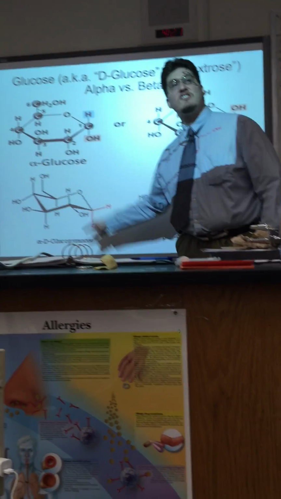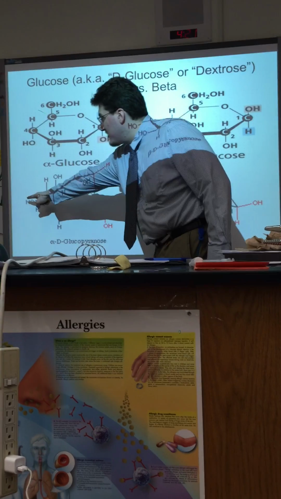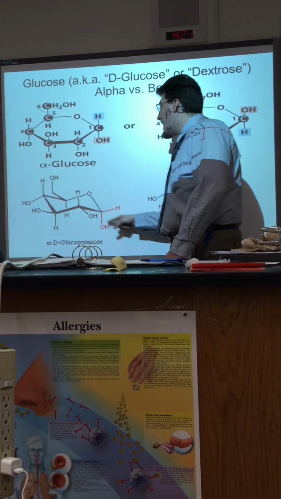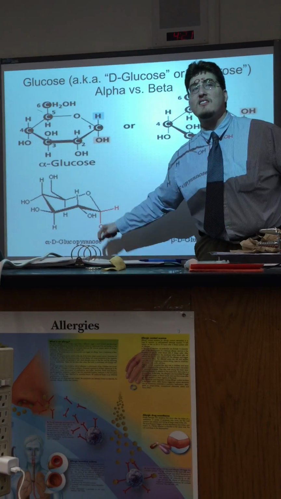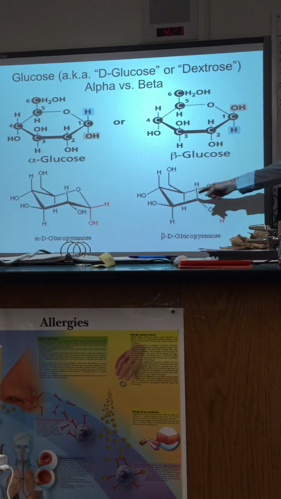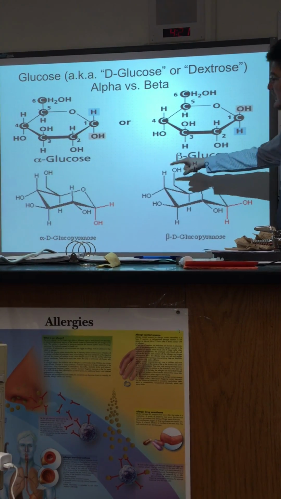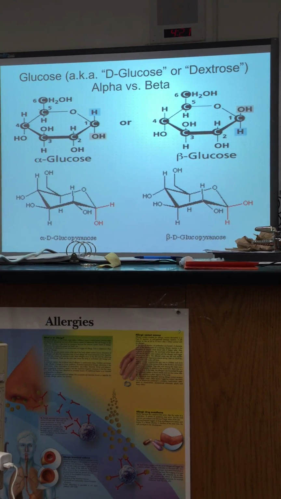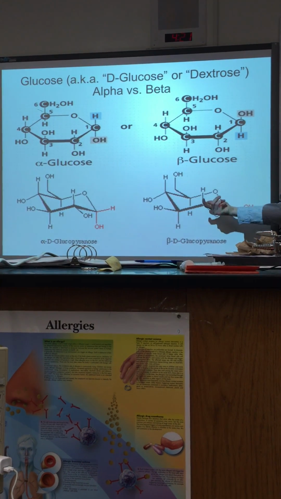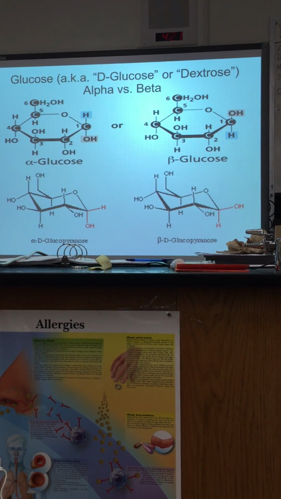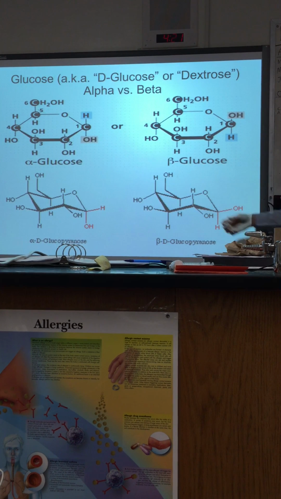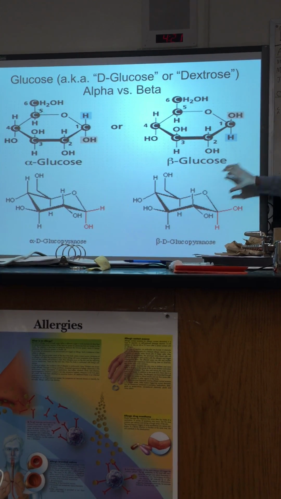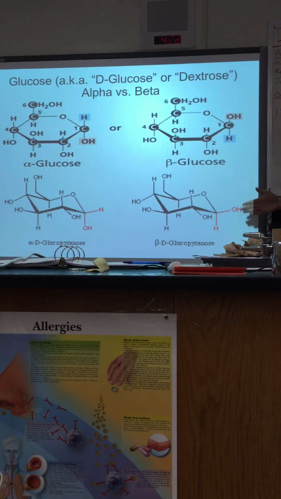That works just fine. Connecting that hydroxyl group to that hydroxyl group works just fine. Here, in order to connect that hydroxyl group to that hydroxyl group, you must flip the whole molecule upside down compared to this one. So you flip one upside down and you can connect them.